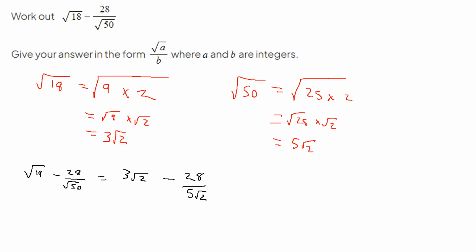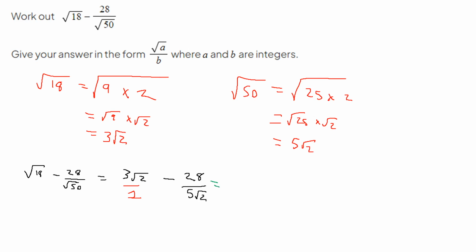And now what we can do is multiply both. We can say that this is the same as over 1 because it's a non-fraction and we're adding a fraction, and then we're going to times top and bottom by 5 root 2.